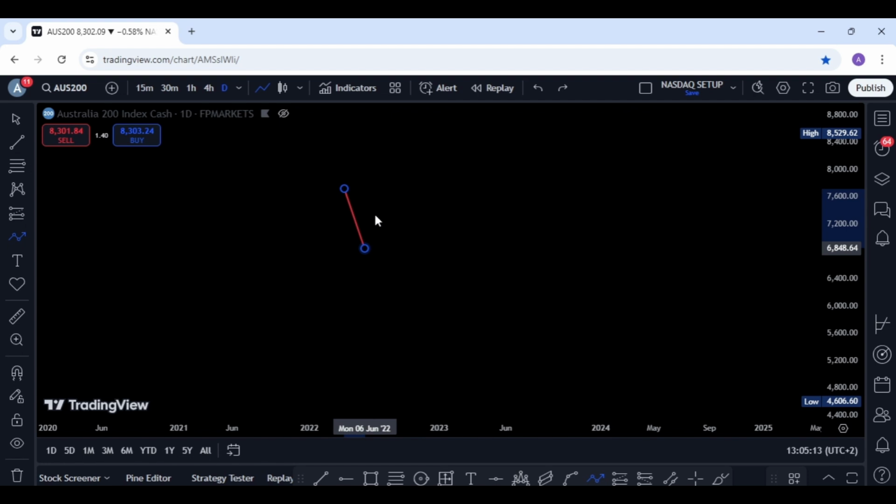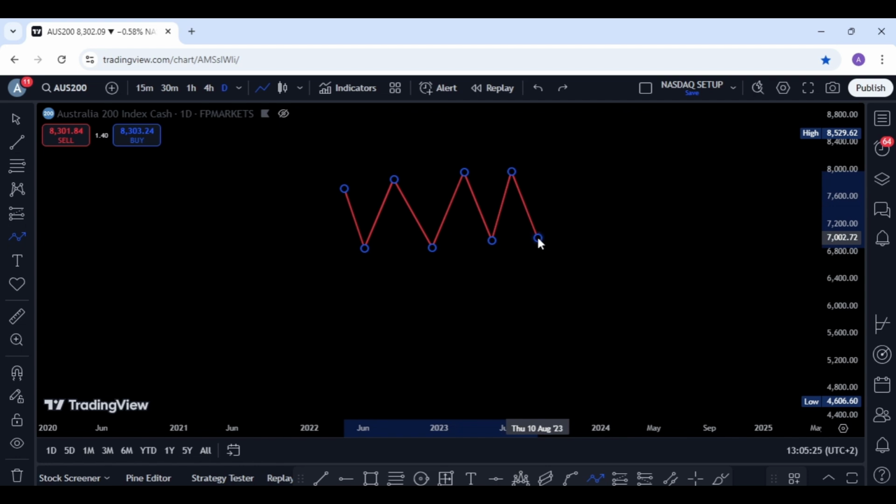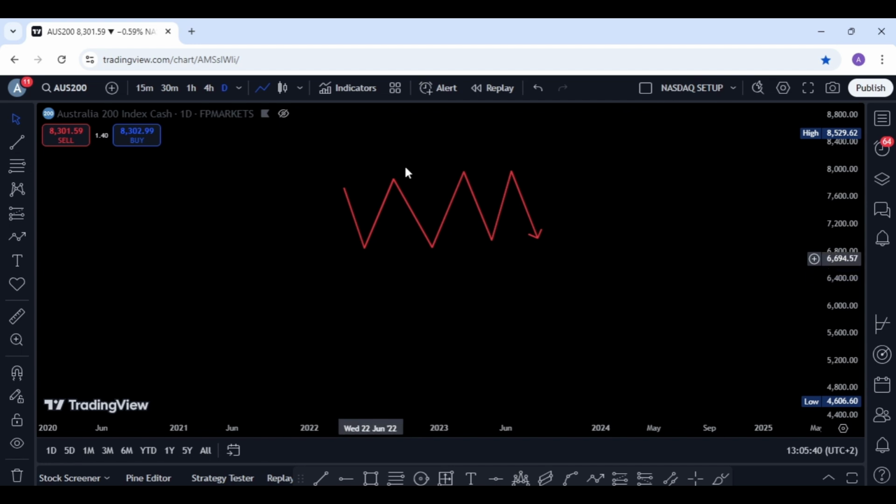This is what you'll be seeing on your chart when prices are going sideways. You see, this is as low as prices go, and this is as high as prices go, meaning there is no dominant buyer, there is no dominant seller.